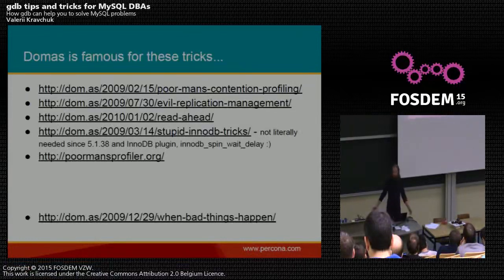When bad things happen, I should tell you from the very beginning: when you attach GDB to a live mysqld process, and then you detach from that process, bad things may happen, like the process may remain in a state when it's not running. For example, it's traced at the moment. You may get a crash. If you are lucky, only GDB will crash, for example.